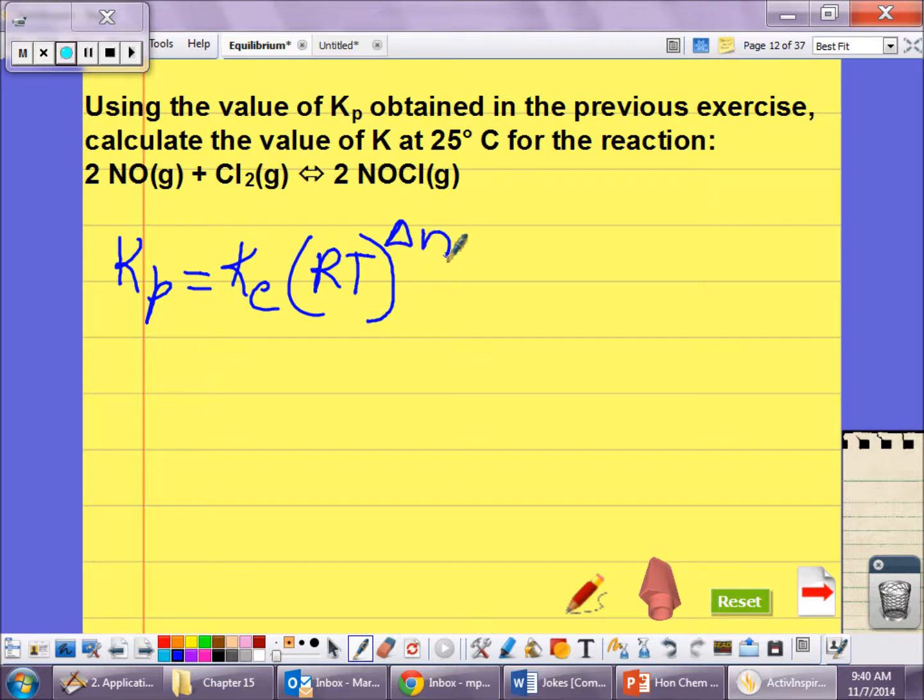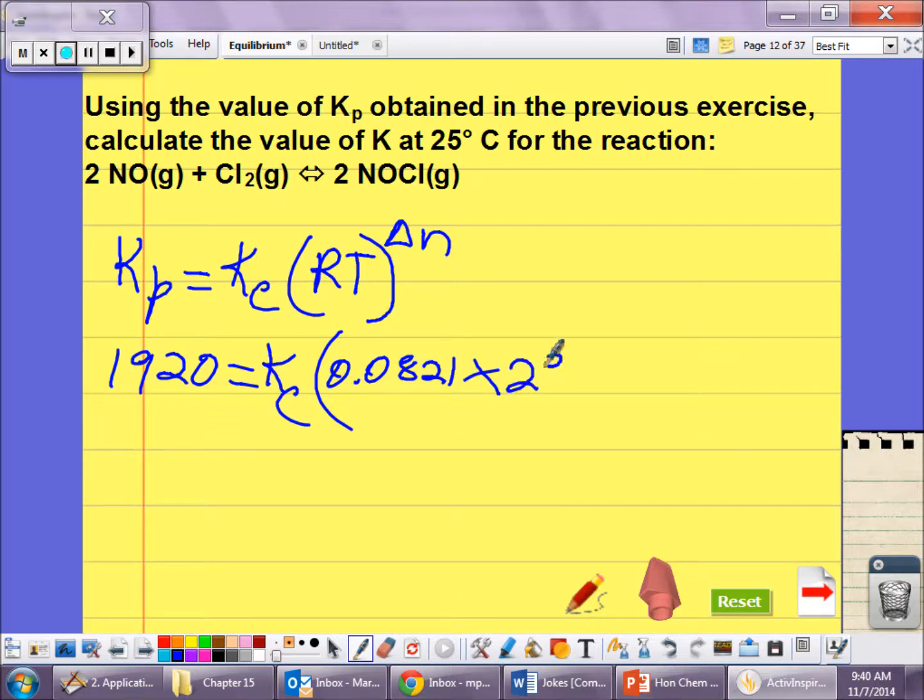Therefore, Kp from the other problem is 1920, equal to Kc that I'm looking for, times my R, which is 0.0821, times my temperature in Kelvin. Temperature in Kelvin is 298. Now I look at my balanced equation.